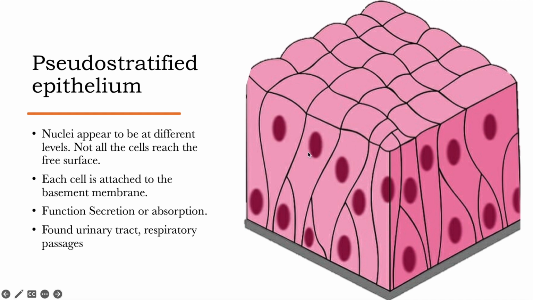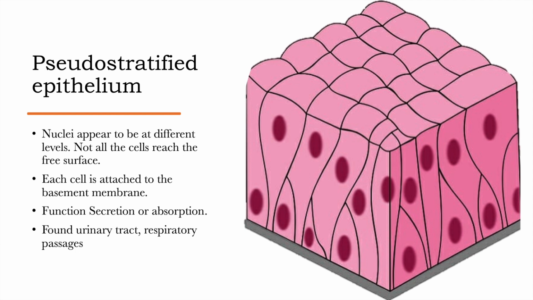So you can see this cell here runs up to down here. This one runs up to down here. This one comes back to the basement membrane. All the cells in this particular epithelium start from the basement membrane. This gives an appearance, because not all of them reach the free surface.